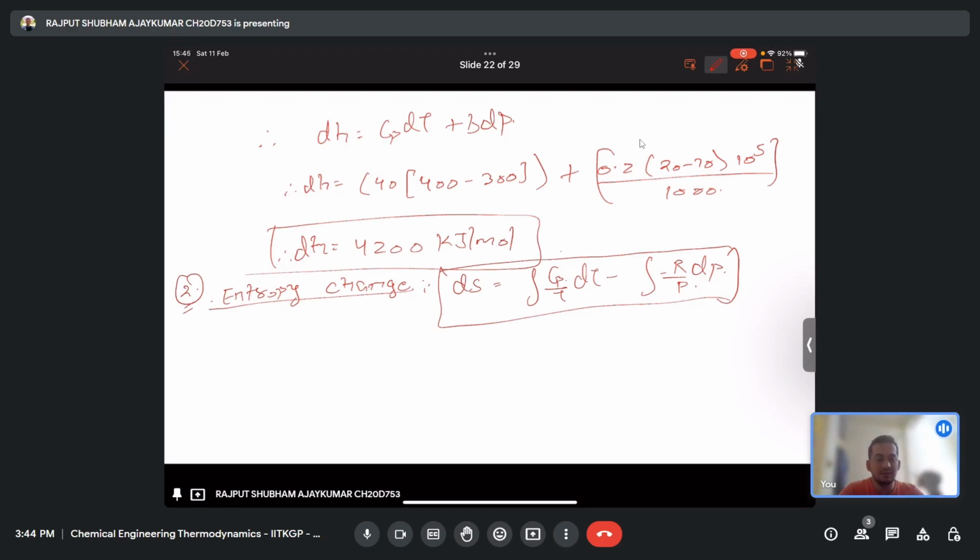All these things have been derived from thermodynamics, so how to relate the change in enthalpy and the entropy change with the thermodynamic relations. If you see all these equations, they can be related directly to the thermodynamic relations, and the same can also be related to the Maxwell equations. So if you know all these relationships, the thermodynamic relationships and the Maxwell relationships, it's easier for you to solve these questions.